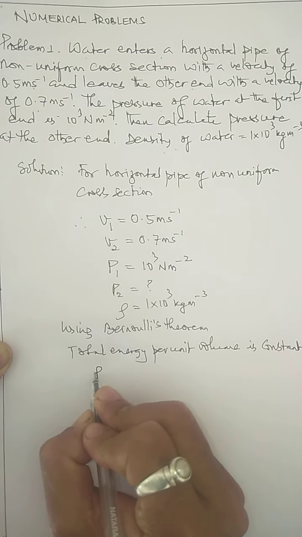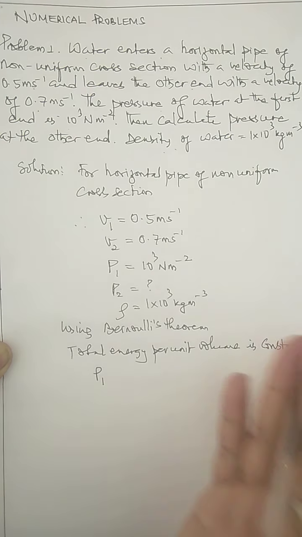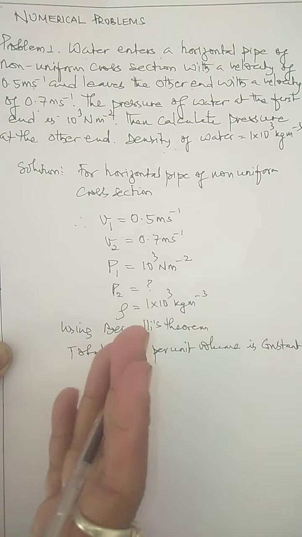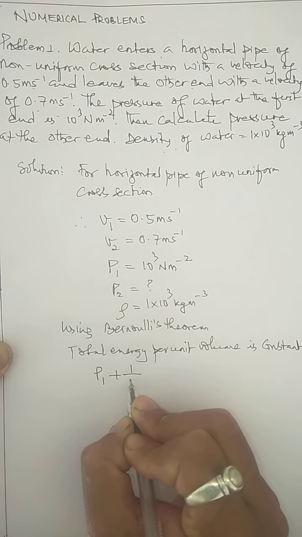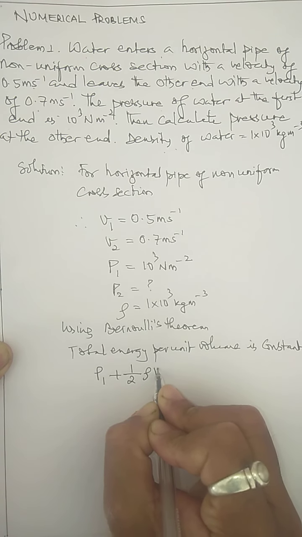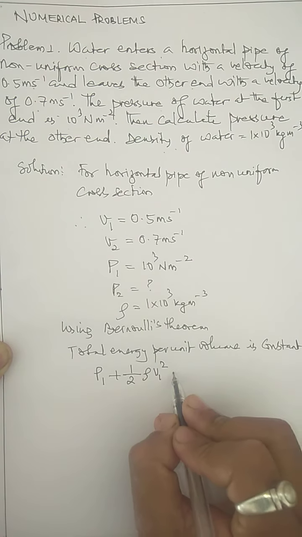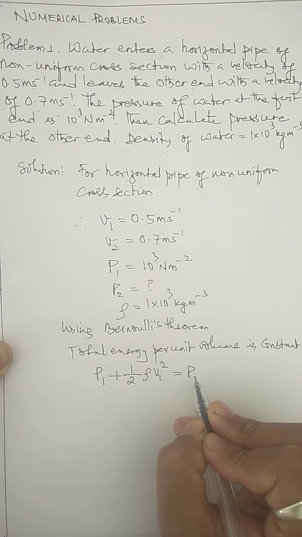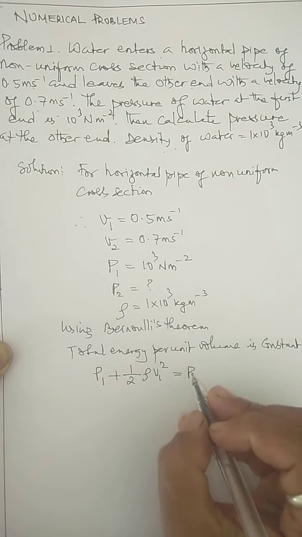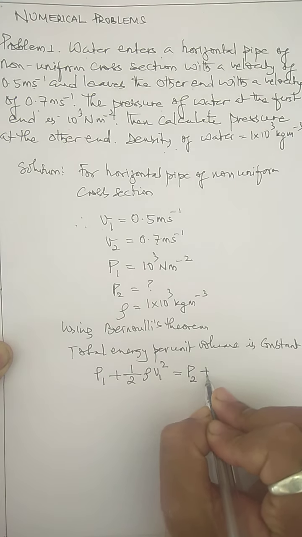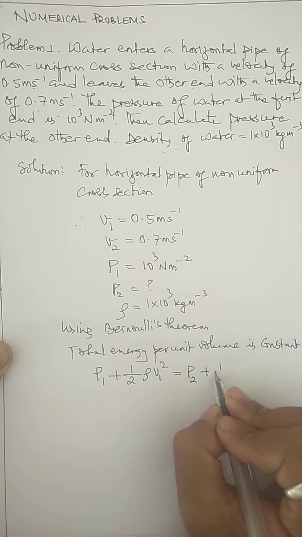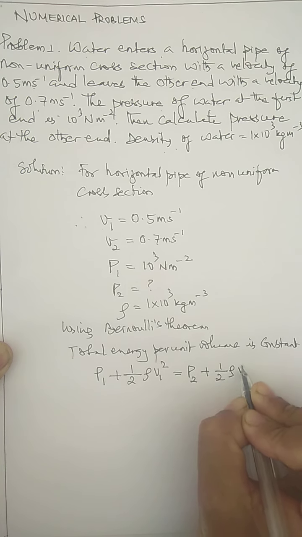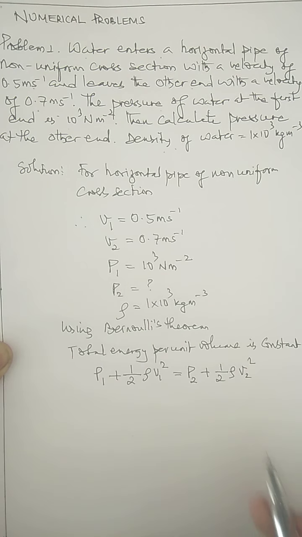The pressure energy per unit volume entering at the first surface of the pipe is P1, plus kinetic energy per unit volume, half rho v1 square, must be equal to the pressure energy per unit volume leaving from the other end of the pipe, that is P2, plus the kinetic energy per unit volume leaving from the other end, which is half rho v2 square. And children, here rho means the density of water.